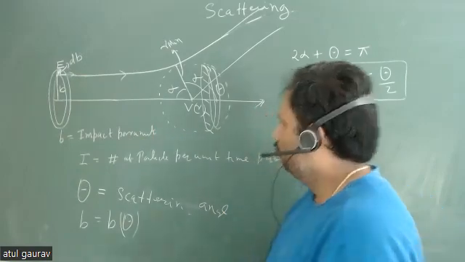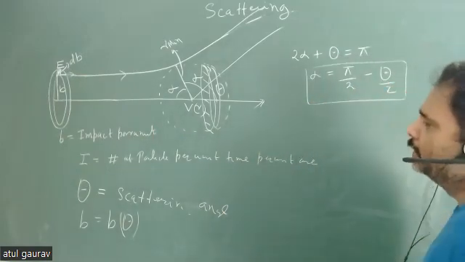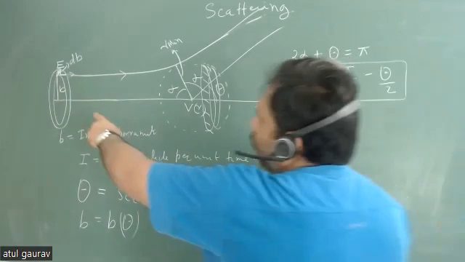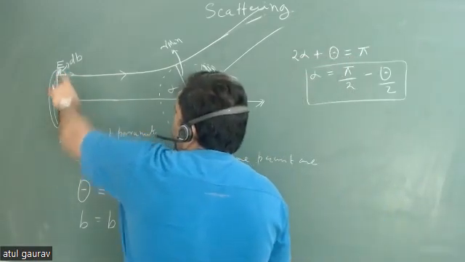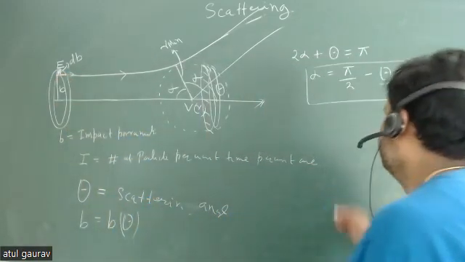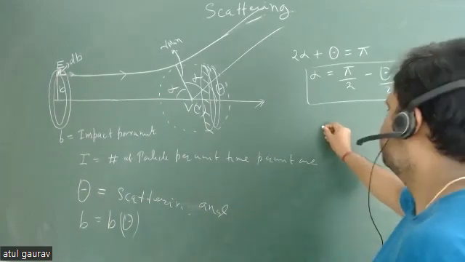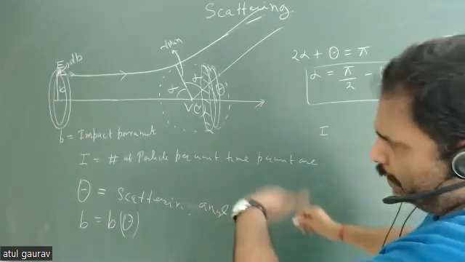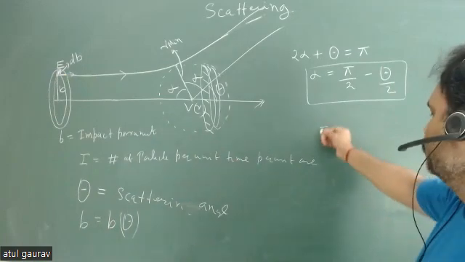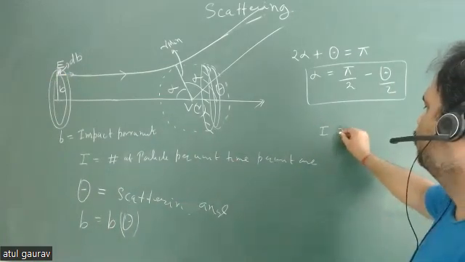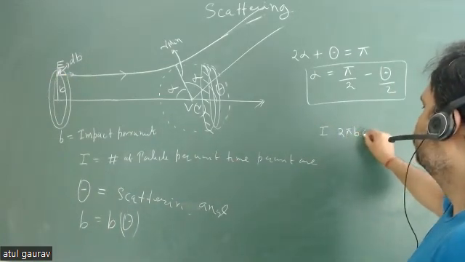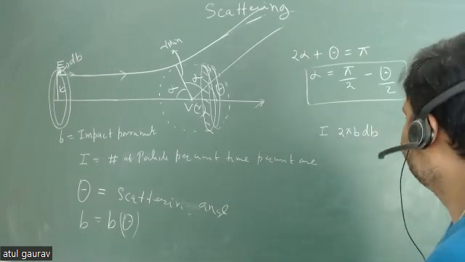Now we know the number of particles is conserved here. So the number of particles coming from this particular ring, where I is the intensity, is the number of particles per unit time we are calculating. So this will be I times 2 pi b db.